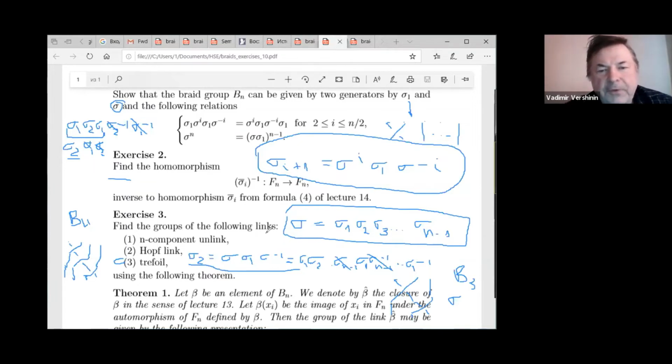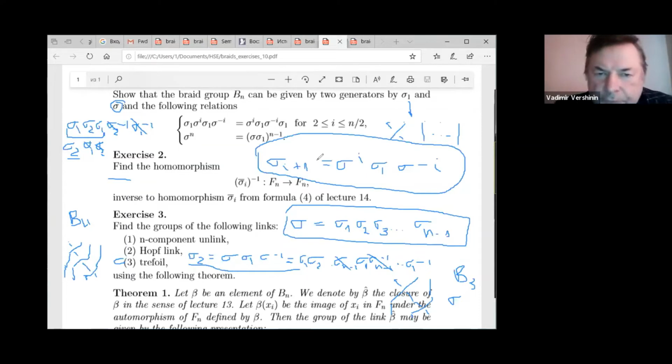Very good. Okay. Now you see how we can use this proof by induction, for example.